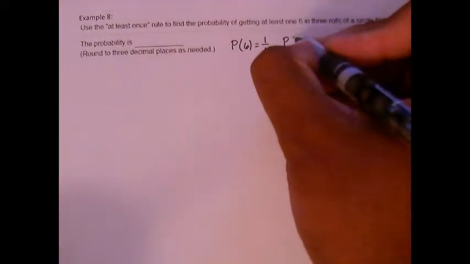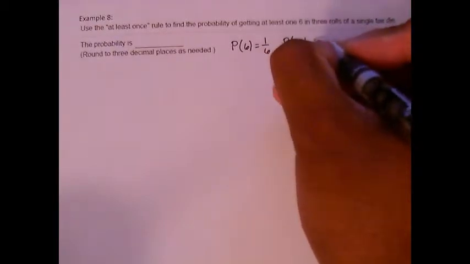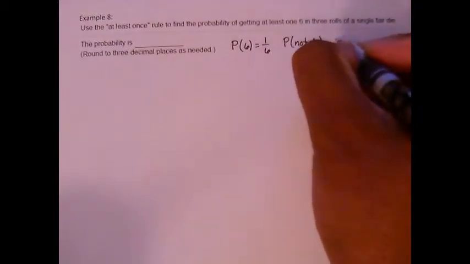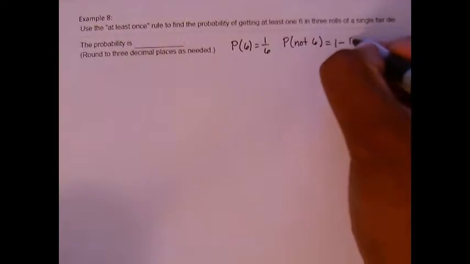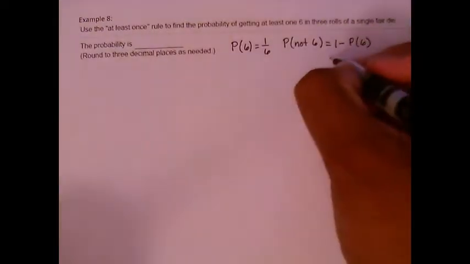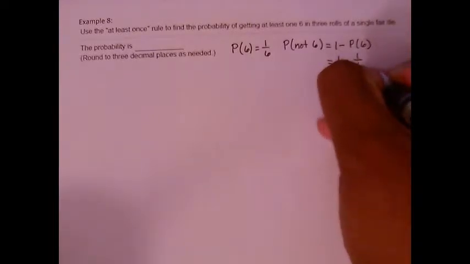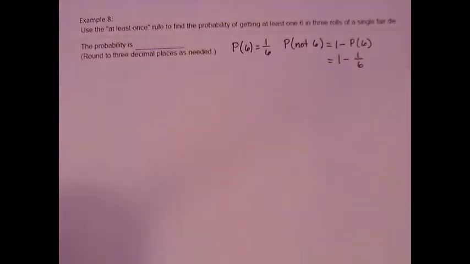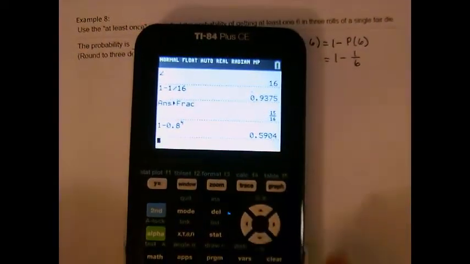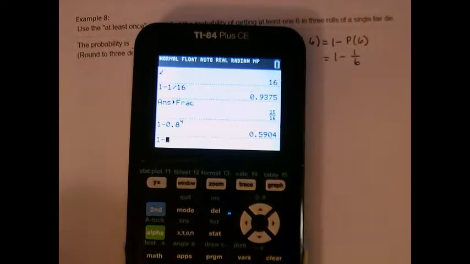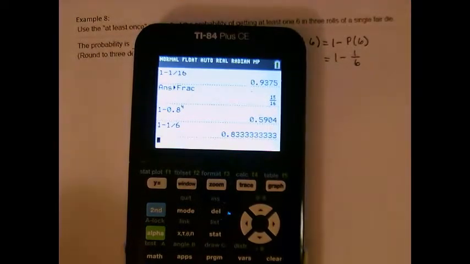That means the probability of not getting a 6 is going to be 1 minus the probability of getting a 6, which means we got to do 1 minus 1 over 6.